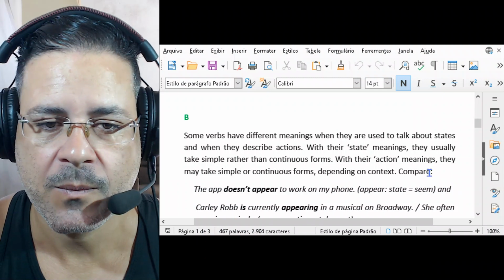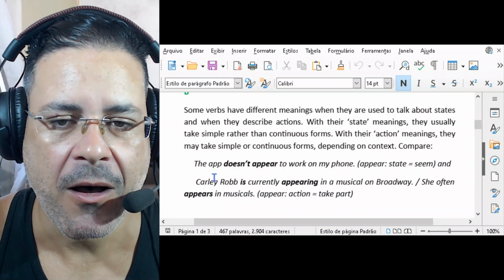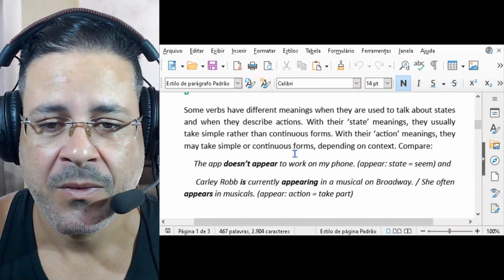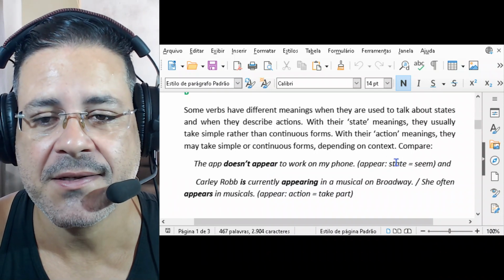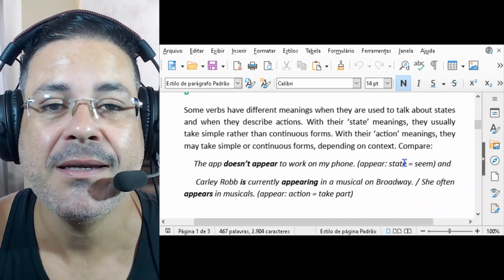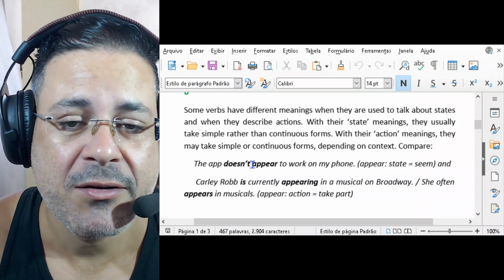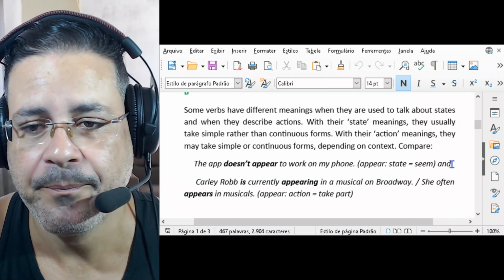Compare. The app doesn't appear to work on my phone. This is a state verb. Appear in that case represents a state. Seem, for example, the app doesn't seem to work on my phone. It's a state, not an action.